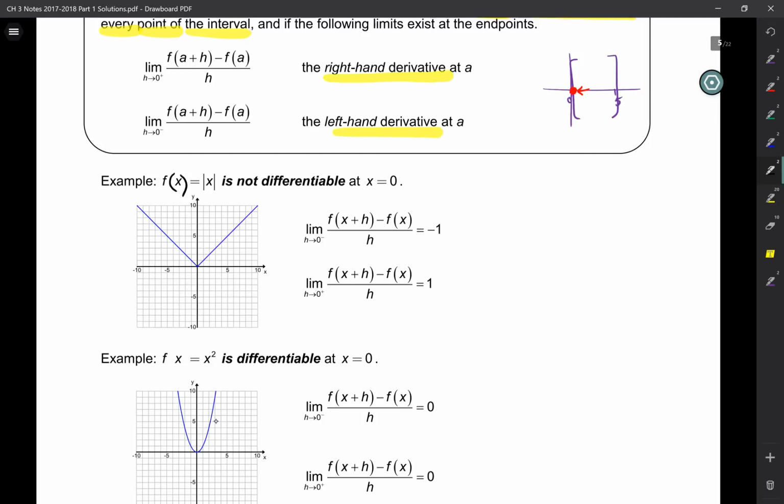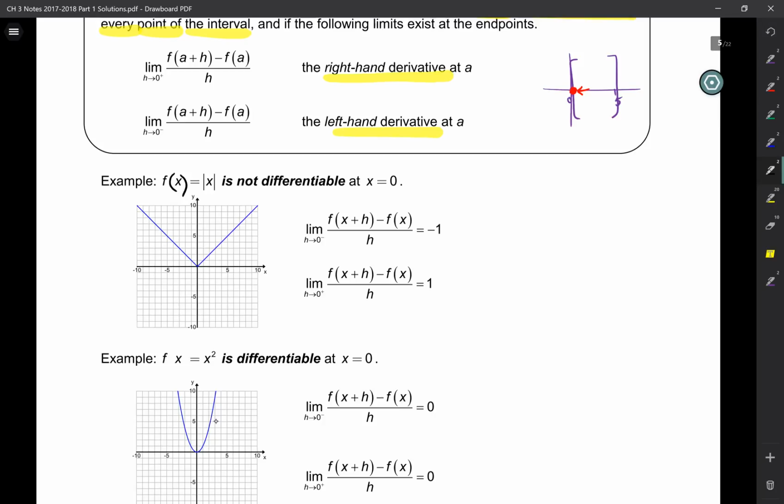But now, look at x equals 0. Immediately to the right of 0, what's the slope? 1. Immediately to the left of 0, what's the slope? Minus 1. That means it's not differentiable at x equals 0 because the derivative from the left and from the right are not the same.